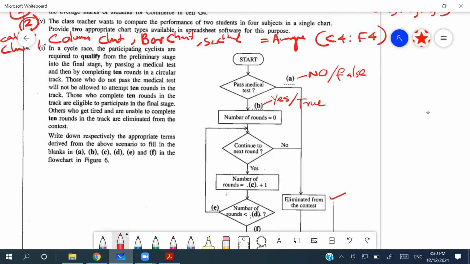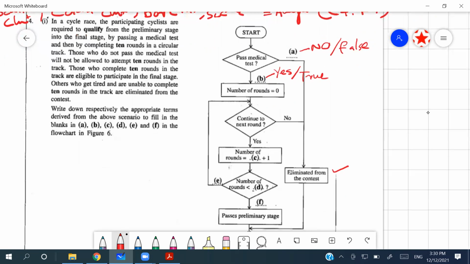Right, the number of rounds equals 0 is there. Continue to the next round. If it is yes, rounds will be counted. If it is no, it's going to eliminate the contest. And in here, the number of rounds will be counted.